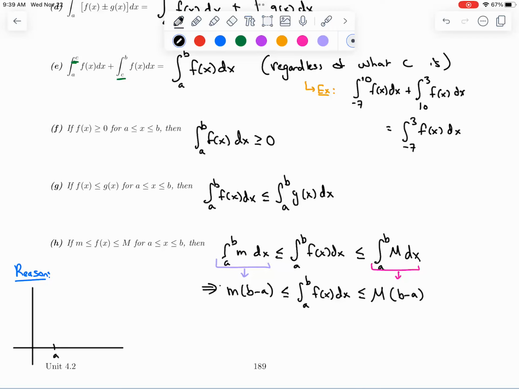So again, here's a, here's b, and here is m. If this is our curve, then the area of the region is this.